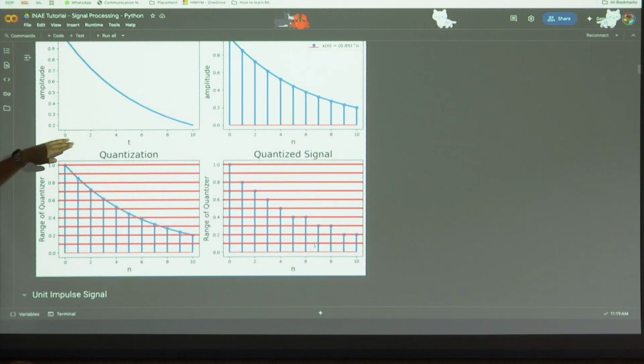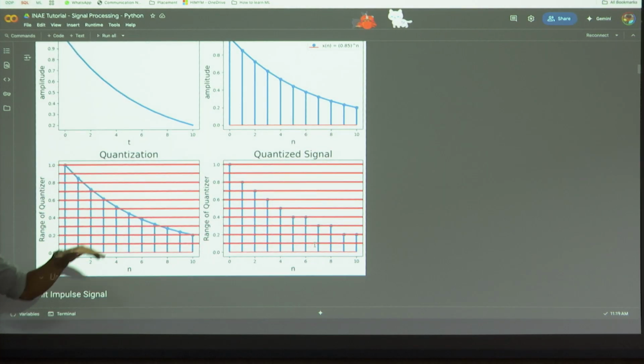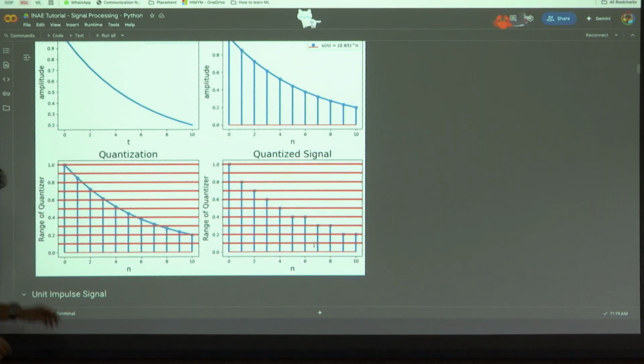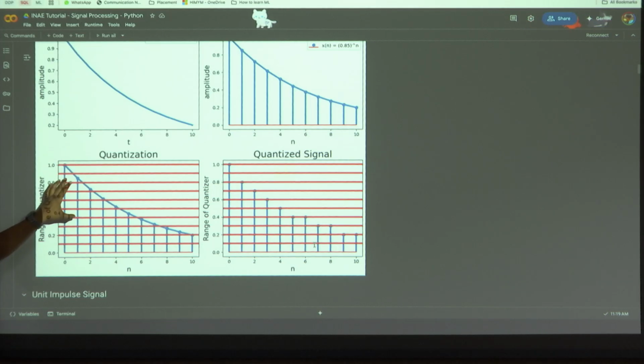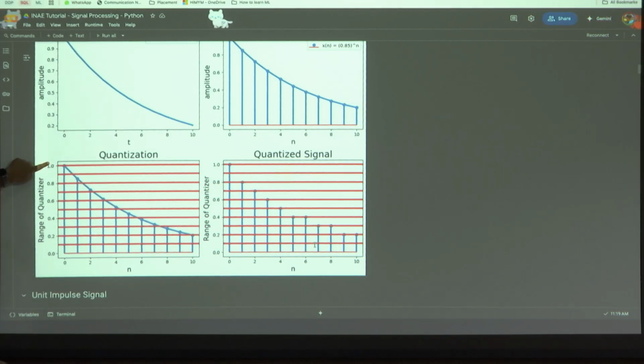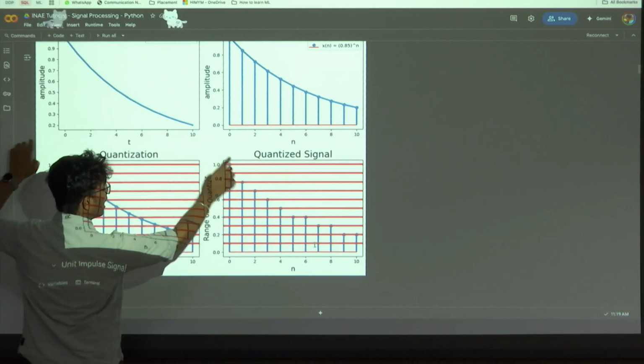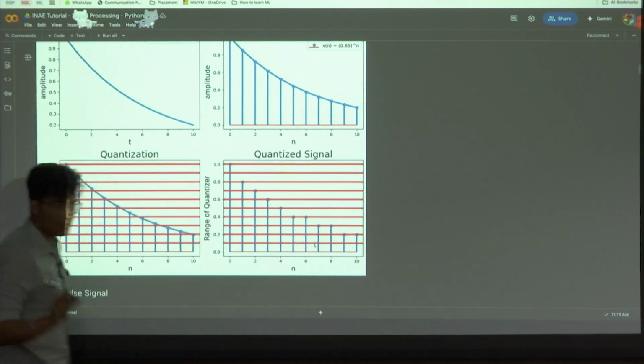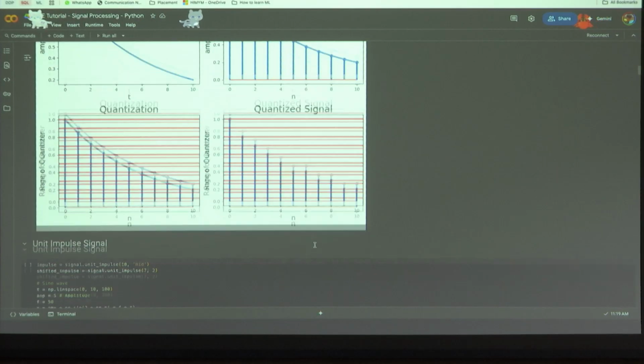While doing analog to digital conversion, we need discrete levels. We cannot take all the range from 0 to 1 inclusive. We have to take discrete levels. So these lines are there. Hence, this is the quantized signal after analog to digital conversion. This is just one example for demonstration.